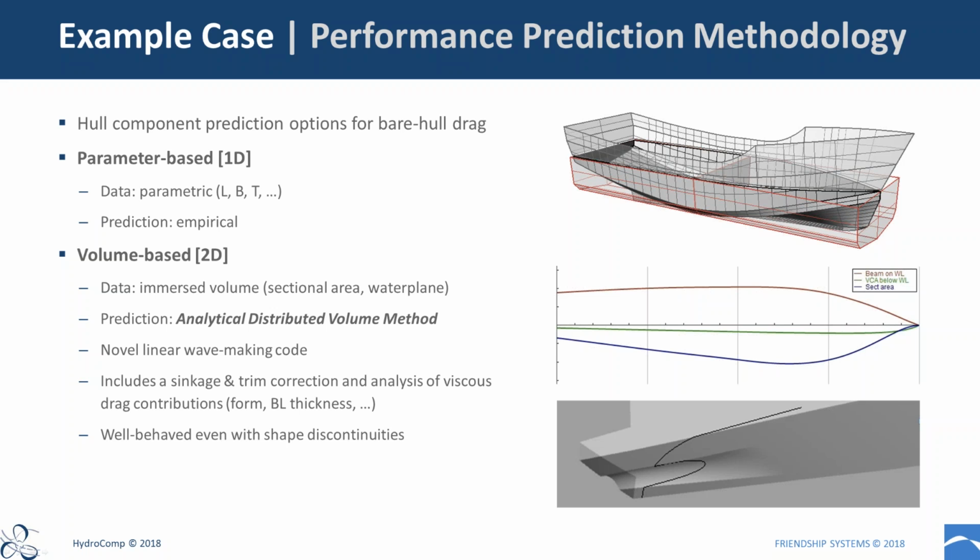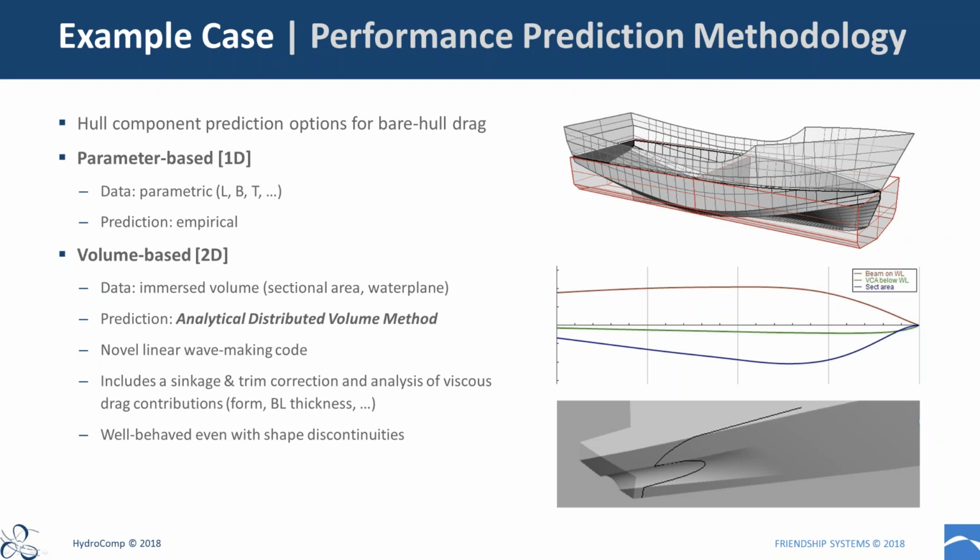The predictions are empirical. They use statistical methods of systematic series or a variety of different hull forms in order to take these parameters, typically create polynomial functions or other kinds of statistical based functions to create a prediction.